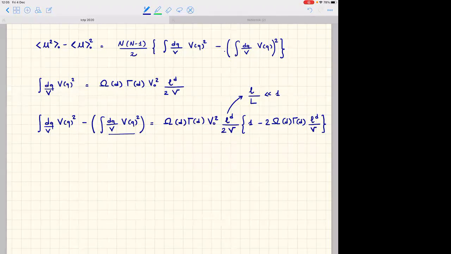If this is not true, well, my expansion does not make any sense, right? Because practically it means that my interactions are long-ranged. All particles that are sitting in that volume see each other very efficiently. Okay, so this requirement is a requirement of short-range interactions.